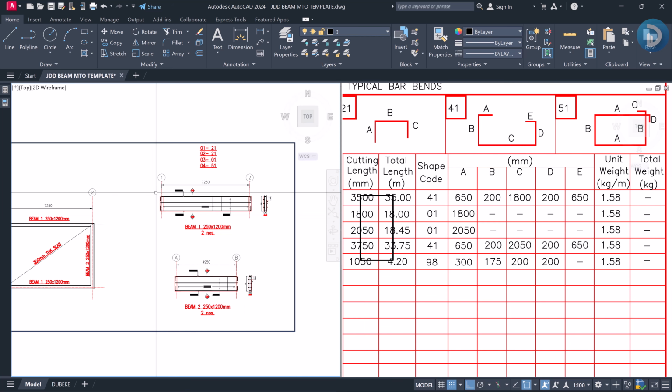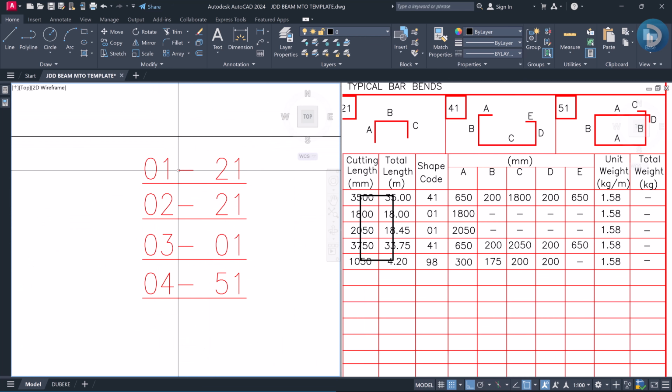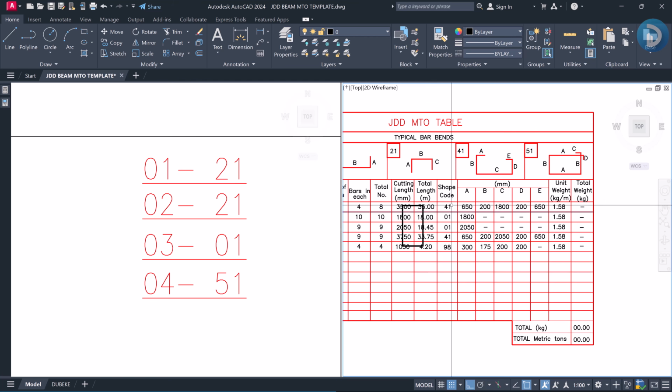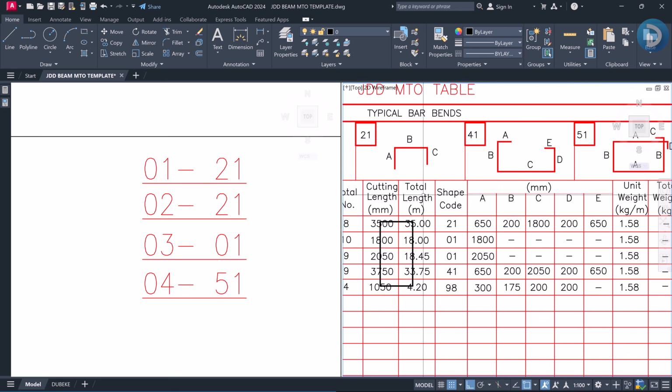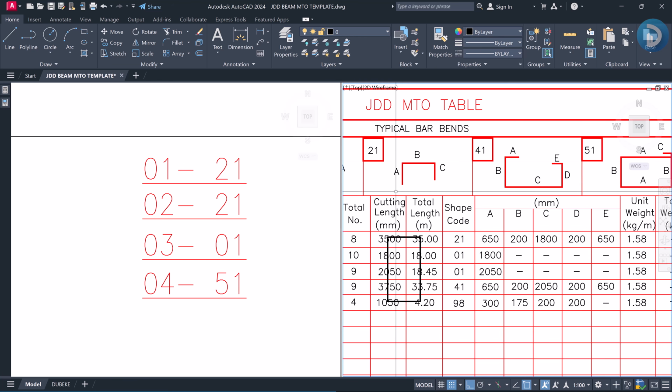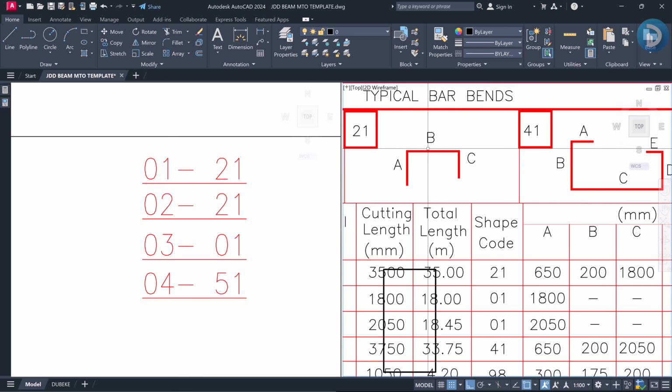So our bar mark 01, what is the shape code? We have the shape code to be shape code number 21, right? So I will come here for my bar mark 01 and I will change this from 41 to shape code number 21, okay? And looking at my shape code number 21, I have three sides, which is our side A, our side B, and our side C, right?